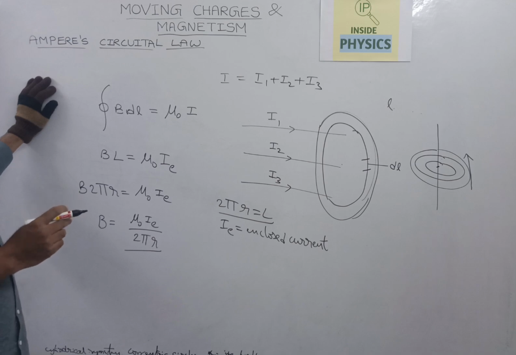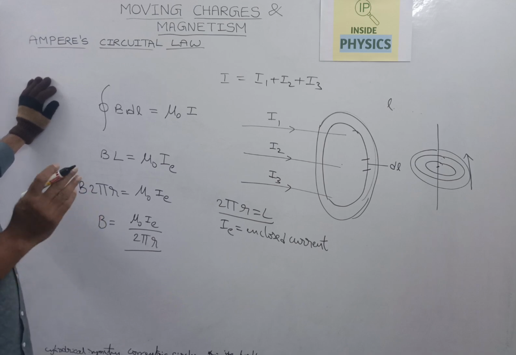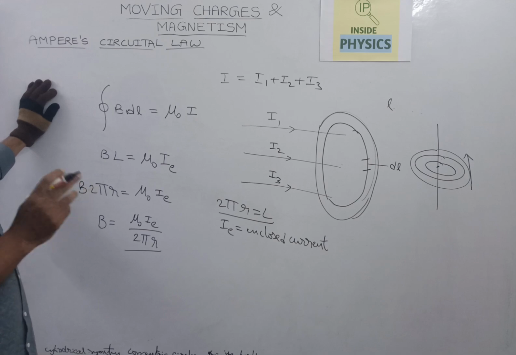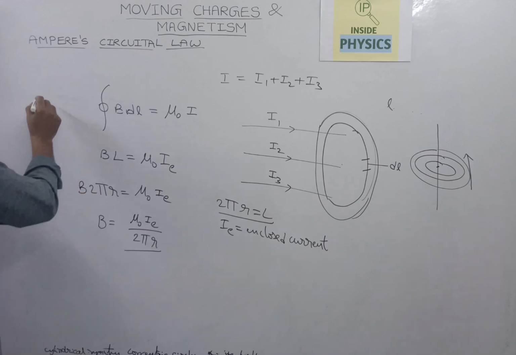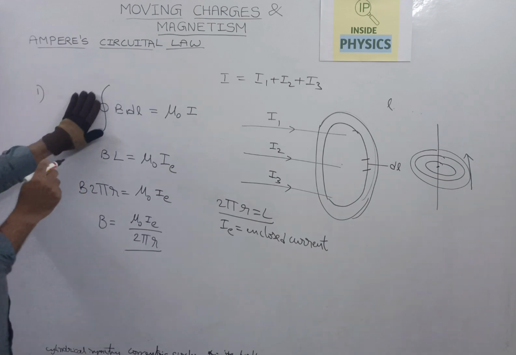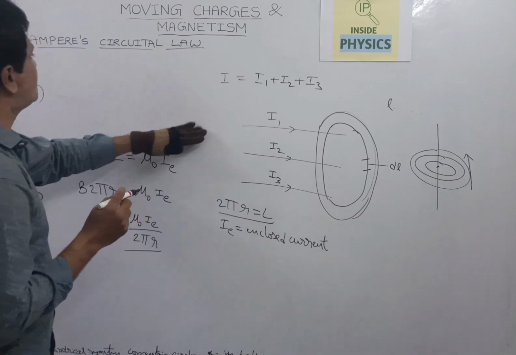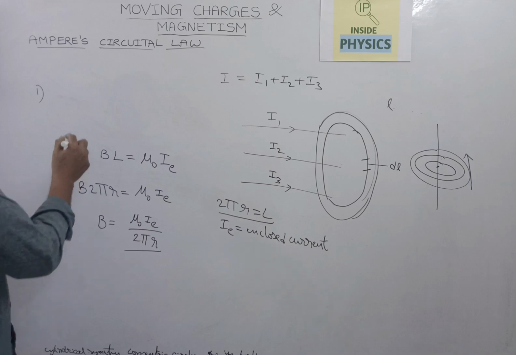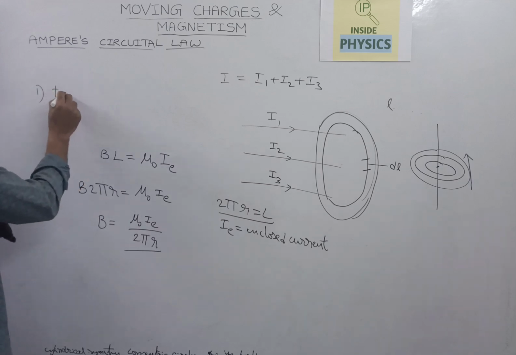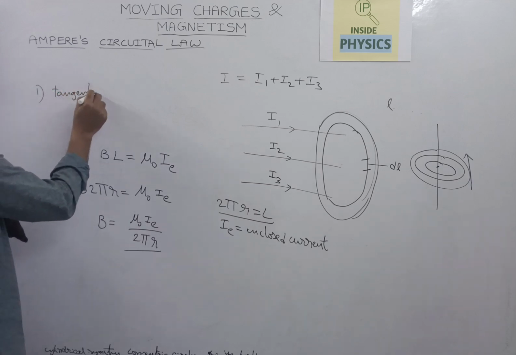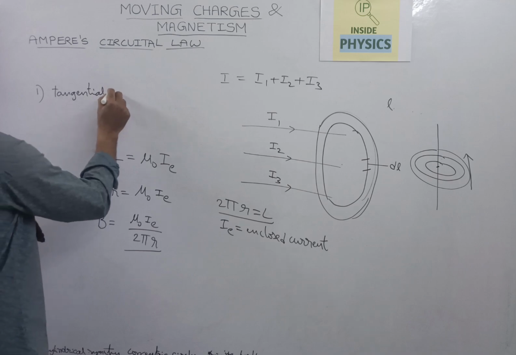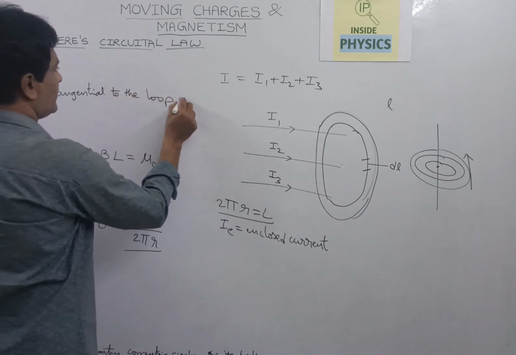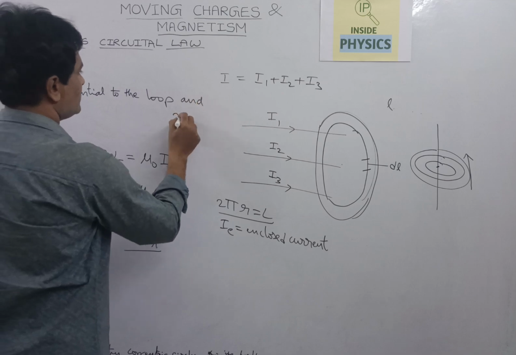That means we can conclude this, and we can draw two points here. The first one is the magnetic field is tangential to the loop and it is a non-zero value.